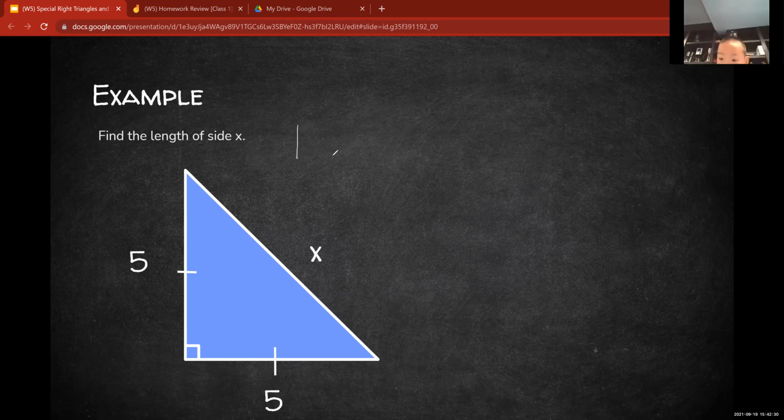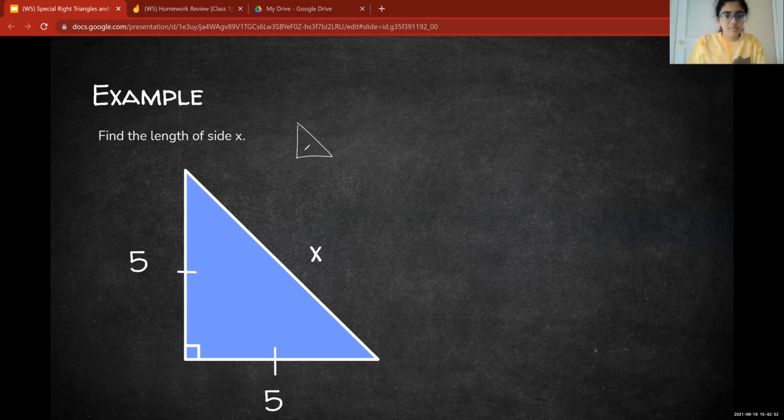Okay, so we know that this is an isosceles right triangle because it's 45, 45, 90. So the legs must be the same. You do x squared plus x squared, which is 2x squared, and you find the square root of that, and you get the hypotenuse, which means x radical 2 is the hypotenuse.